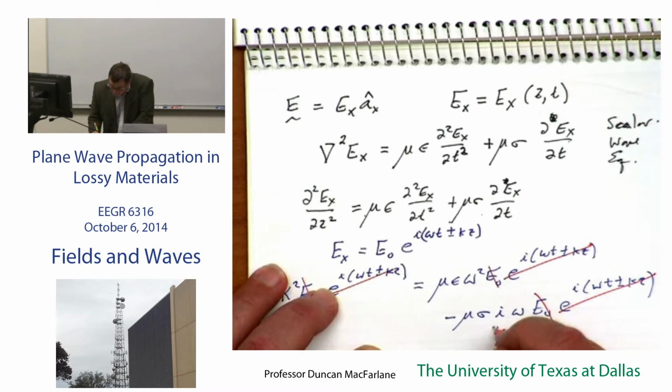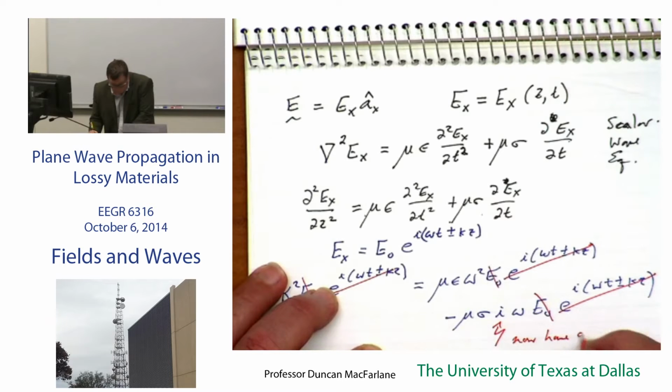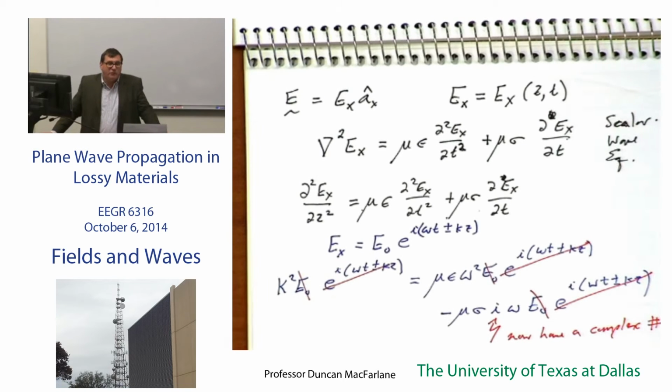and I now have the square root of minus 1 that's slithered into my problem. Okay? So now I have a complex argument, or a complex number floating around.